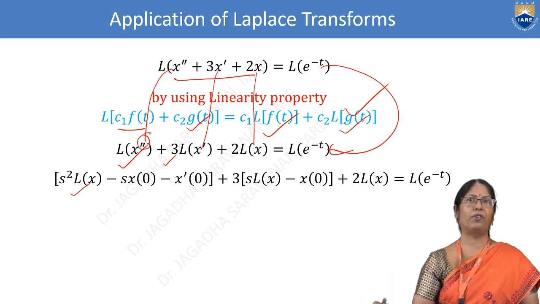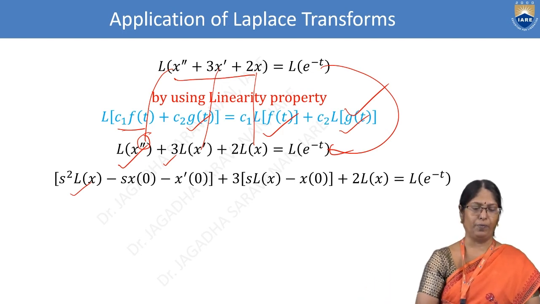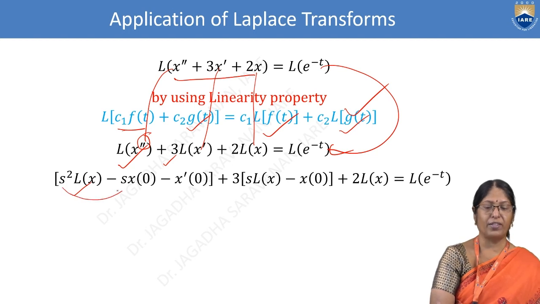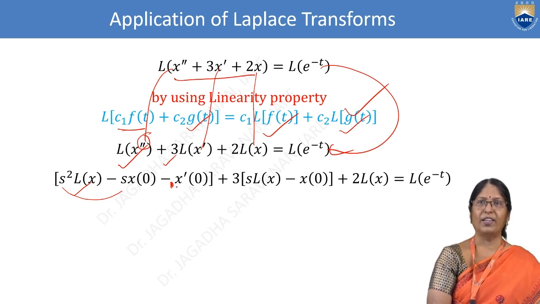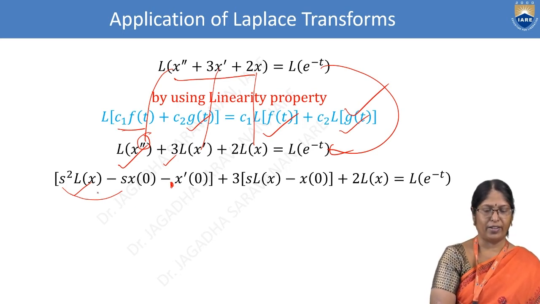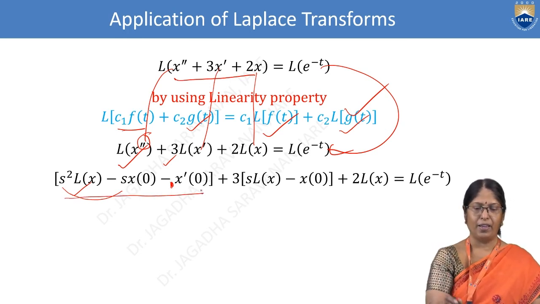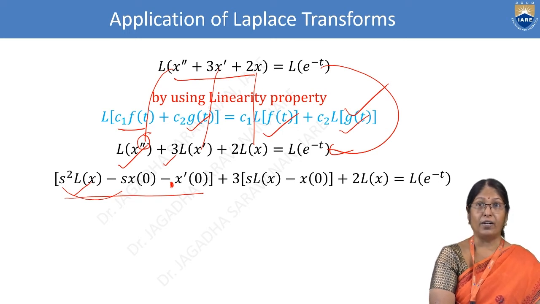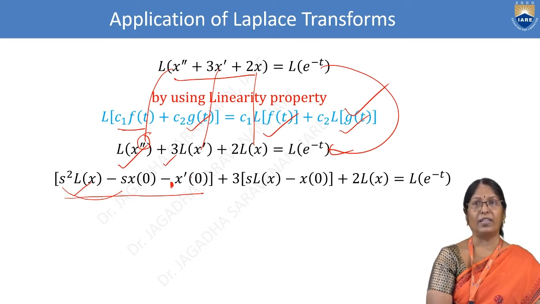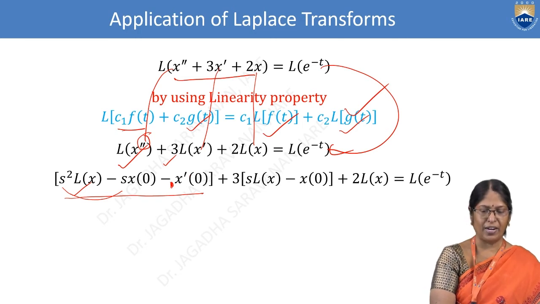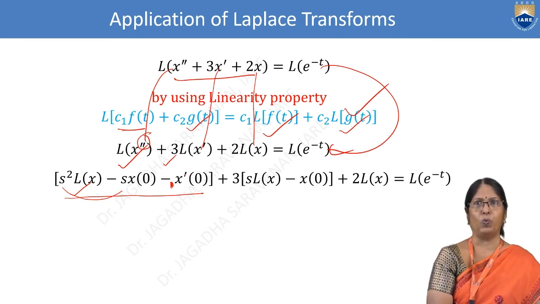So s square we start with, easy to remember, then the power of s decreases: s power 1, then s power 0, which has the value 1. Next, L of x, x of 0, x dash of 0. We wrote the formula correctly, because the question is x double dash, it should end with one dash, that is here n minus 1.